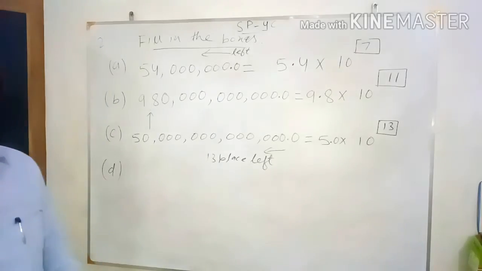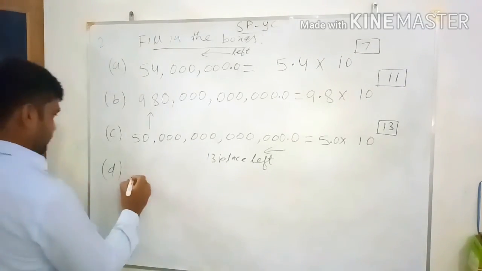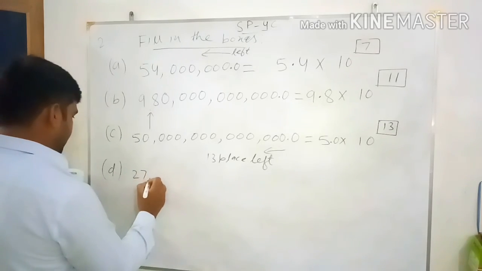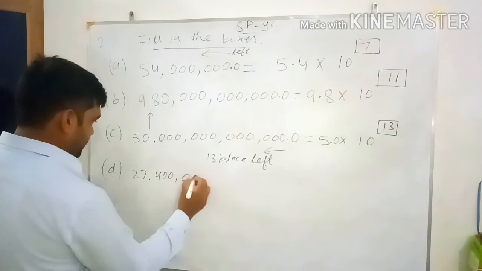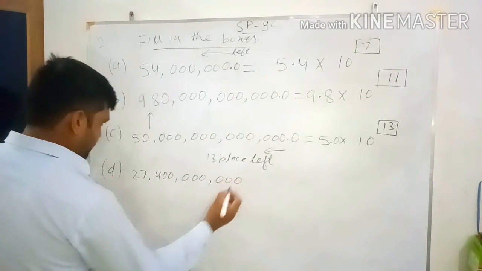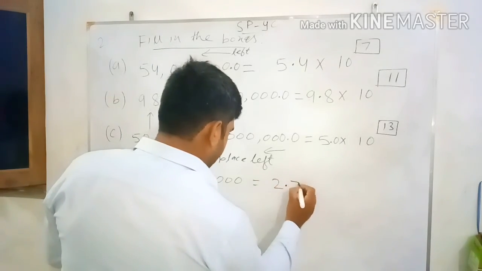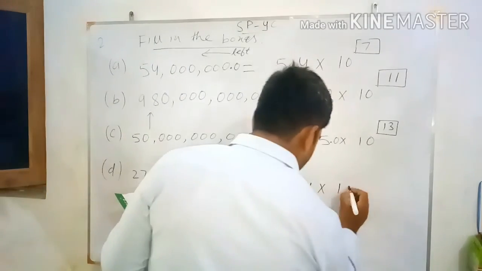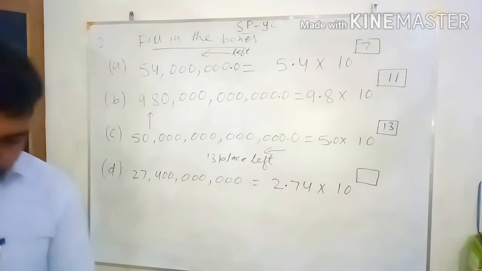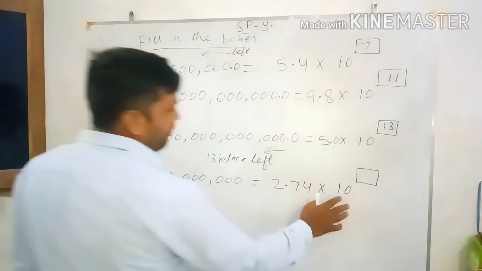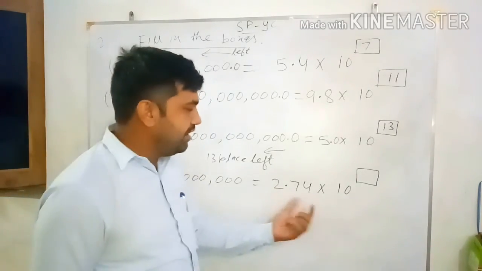Next question D. Now in this question you can see what power we will raise over 10, so that this standard form can be written in scientific notation 2.74.